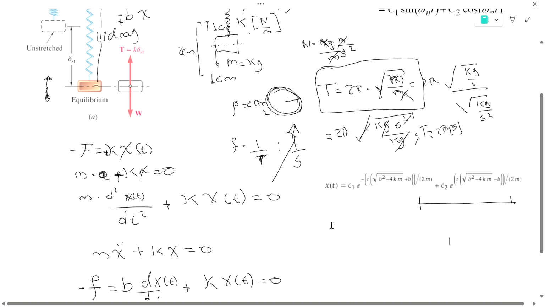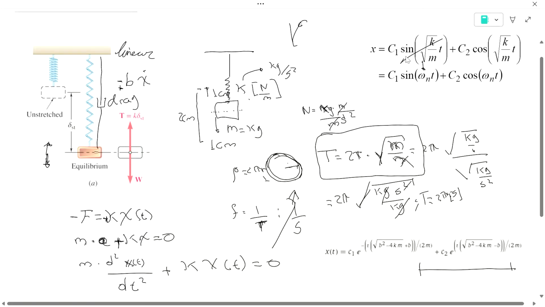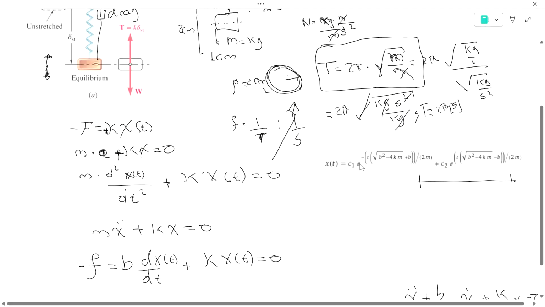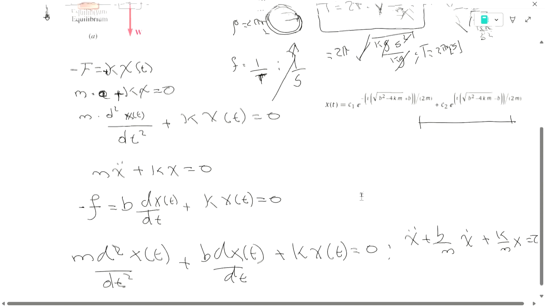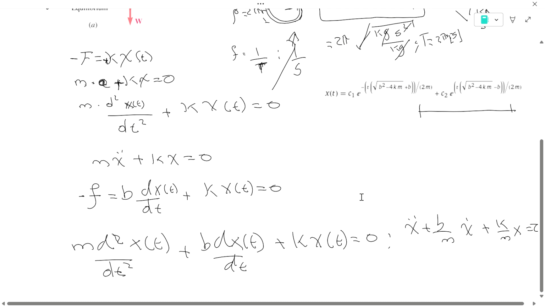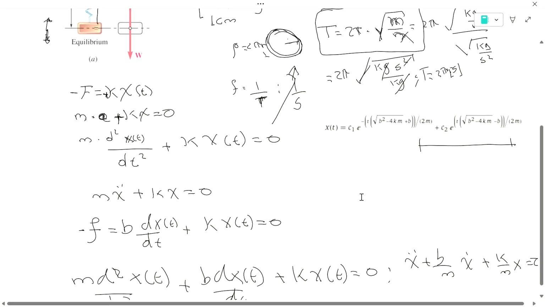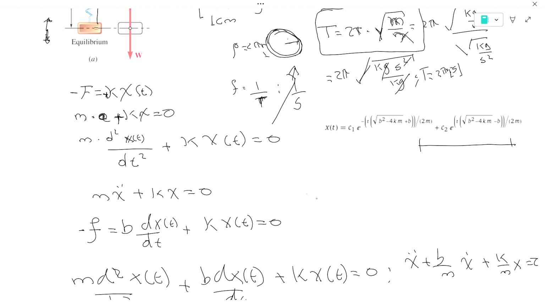So yeah, let's go ahead and use this equation right here. If you notice, this one is sine and cosine. This one is an exponent that is multiplying the coefficients. All right, so that is basically the introduction to vibrations. In the book it's going to be a little more complicated.